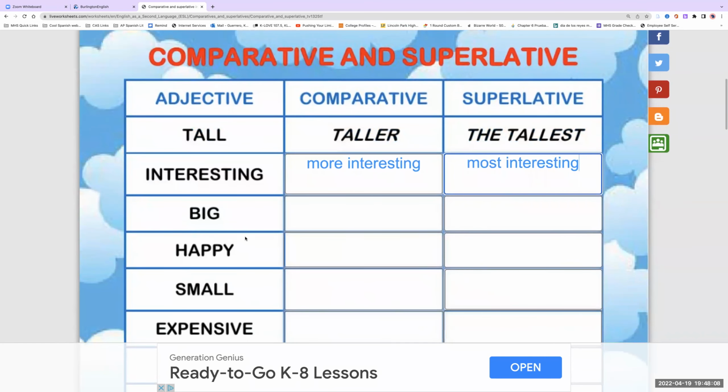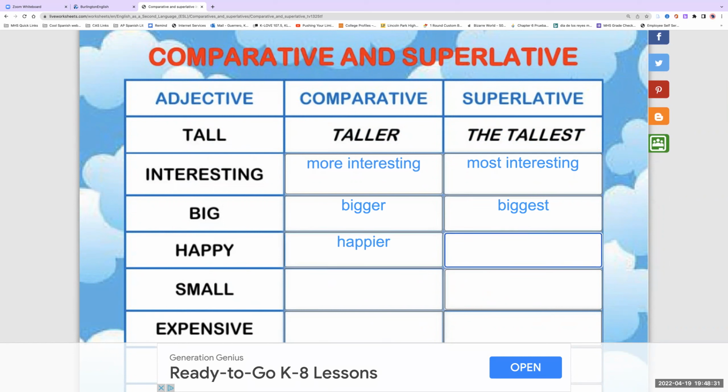I'm going to go ahead and help you with 4 more. So the word big, it's small, so guess what? We're going to put bigger. In the superlative, we put biggest. Here, the word happy, we're going to put happier for comparative.